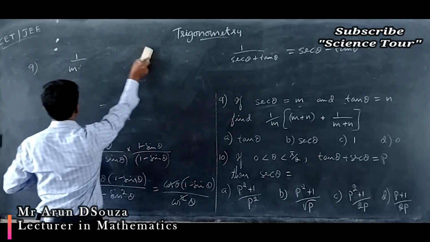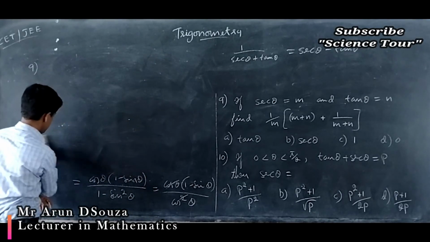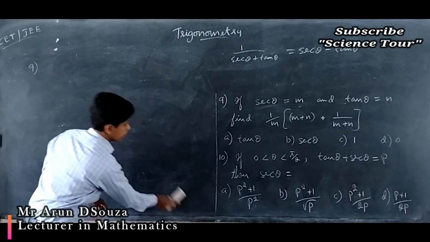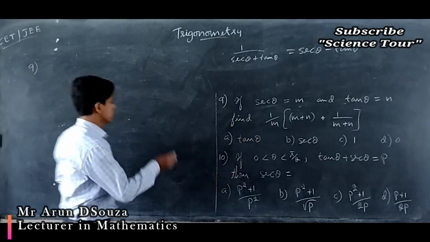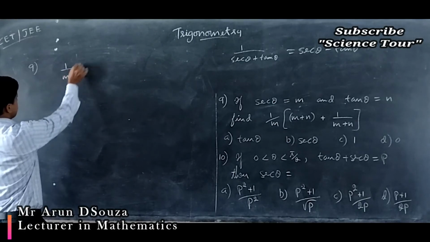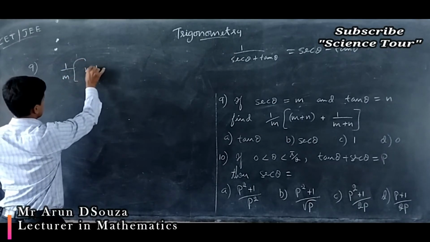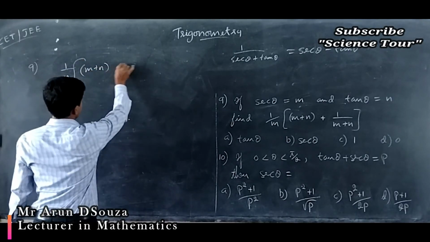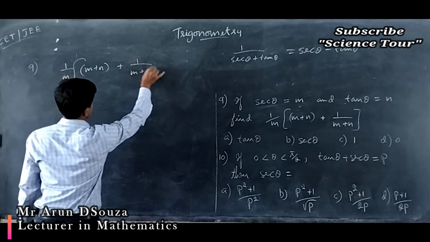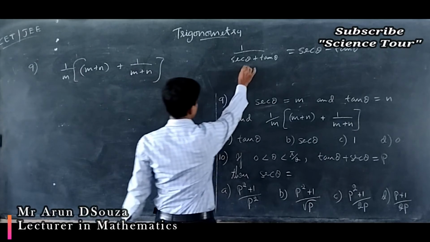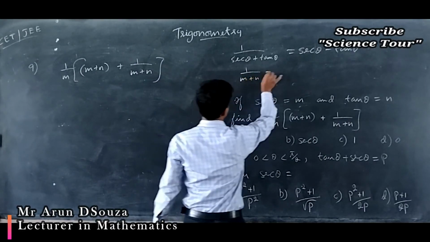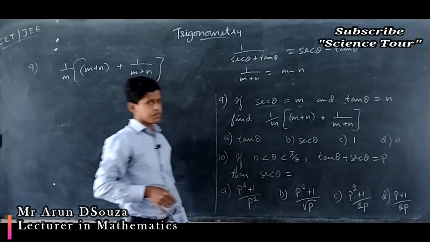So now let's begin with the solution here. You have the given expression, that is 1 by m and then m plus n plus 1 by m plus n. Now what do I substitute in place of 1 by m plus n, that is m minus n?